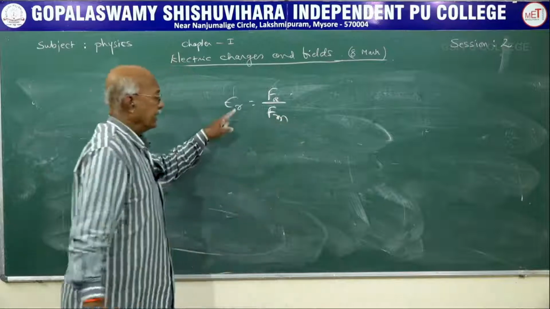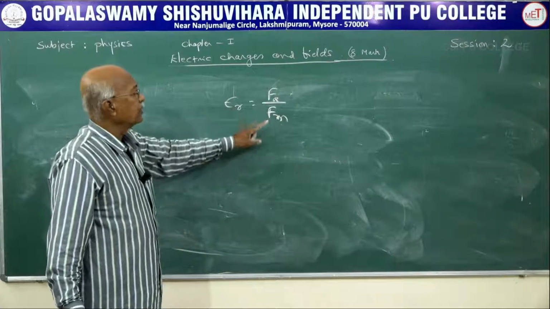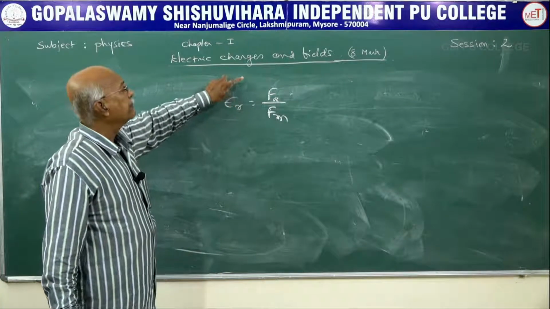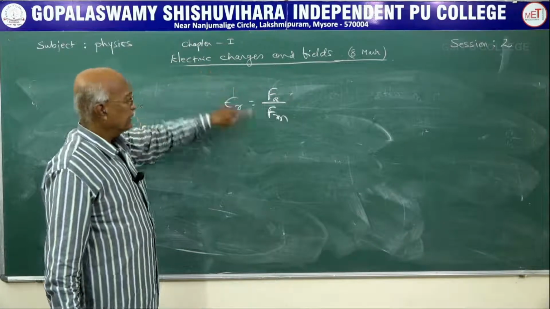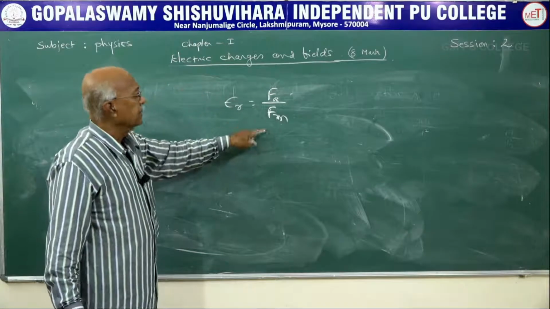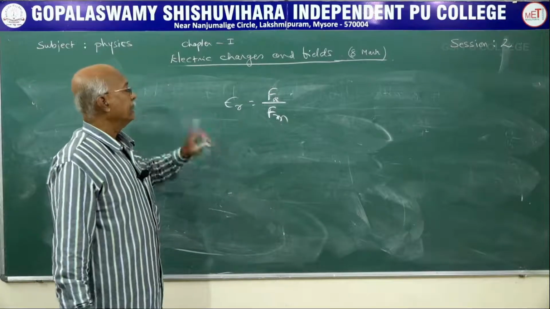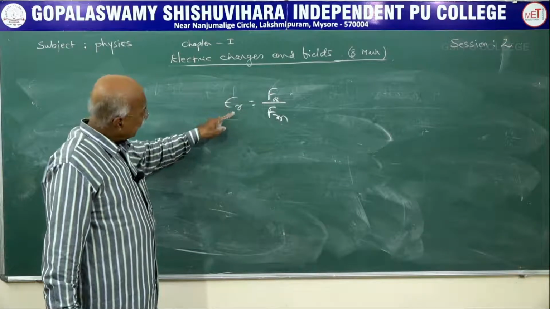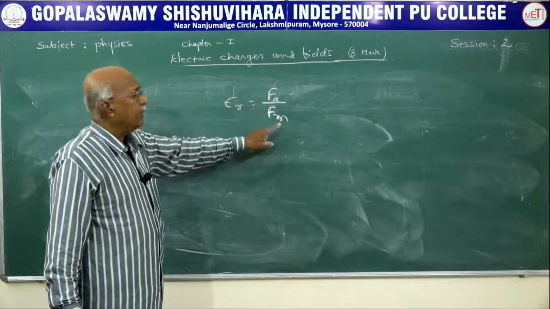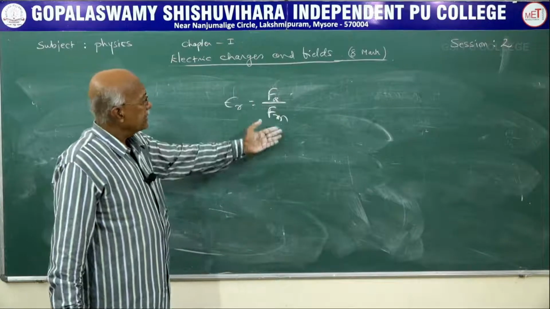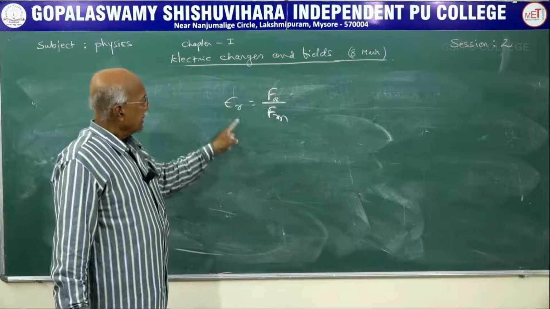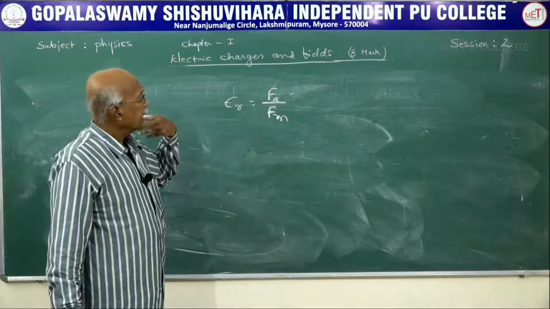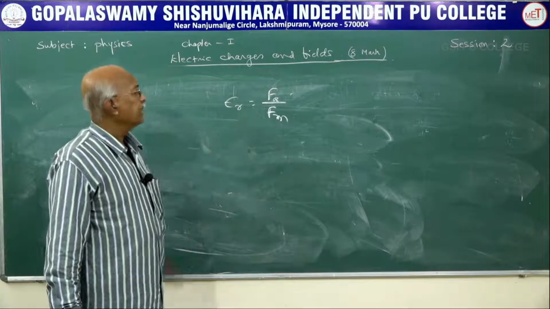It is the ratio of the force between two charges kept at a certain distance in air to the force experienced by the same two charges kept at the same distance in the given medium. Since these two are measured in the same unit, Newton, epsilon r does not have any unit and it is simply a number.